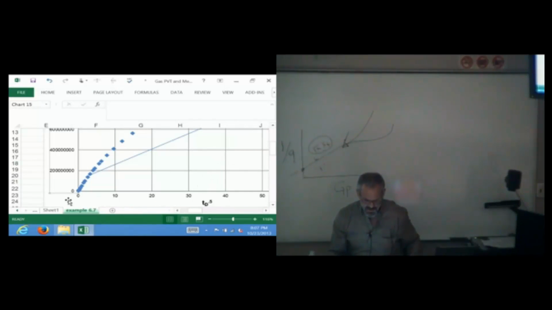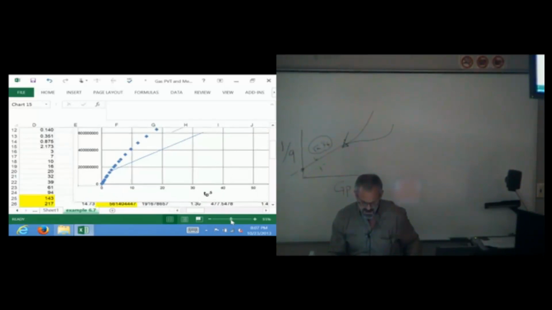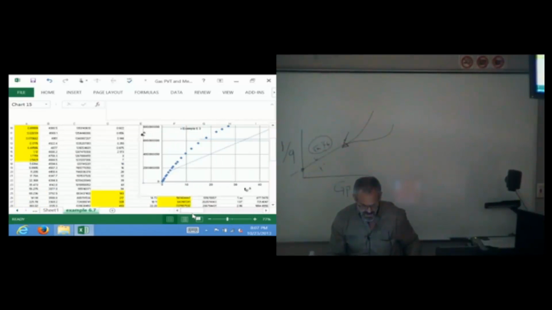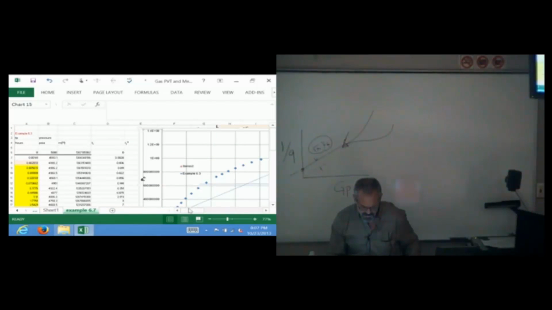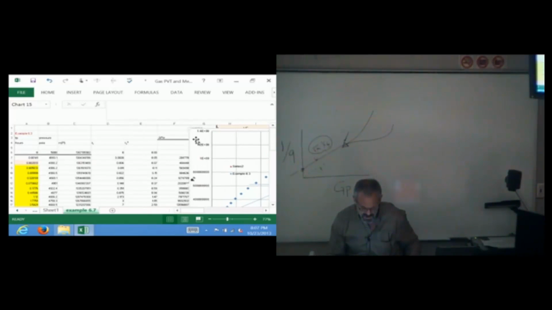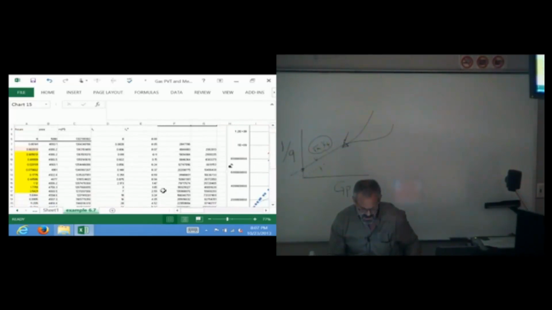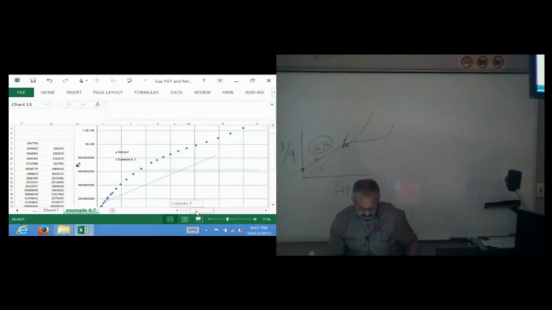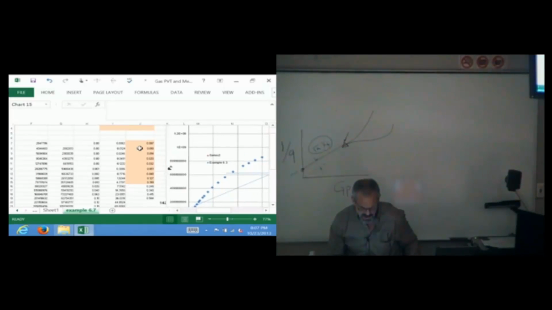And my early time data should be linear. It should be linear for the first data points, the ones I highlighted. But there was this highlighting issue. I think I highlighted these are the data points that should be a straight line: 1, 2, 3, 4, 5, 6, 7, 8, 9 data points.